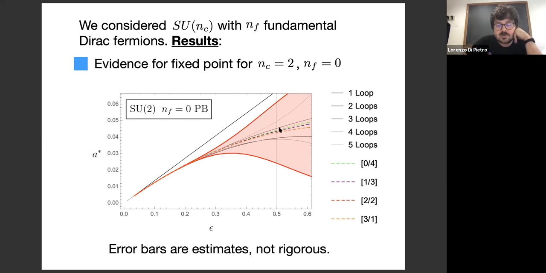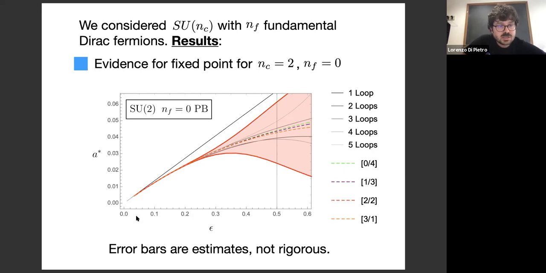And then for one particular Padé, the (2,2), which we selected as the best one based on some criteria that I can explain, we also gave an estimate of the error. And we claimed evidence for the fixed point when this error bar does not include 0.